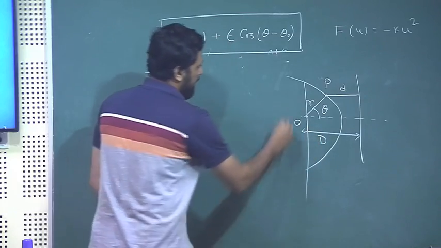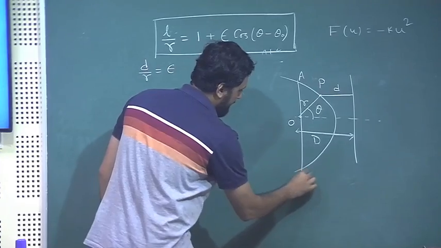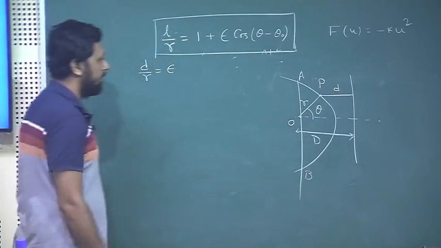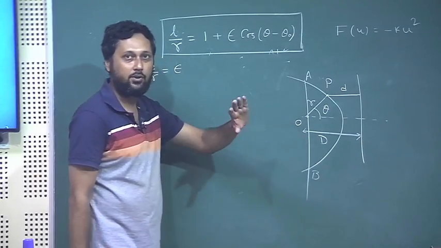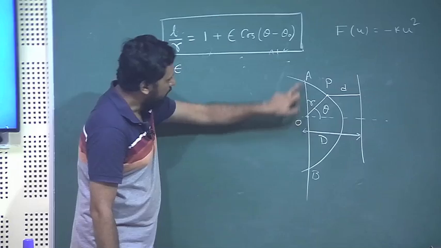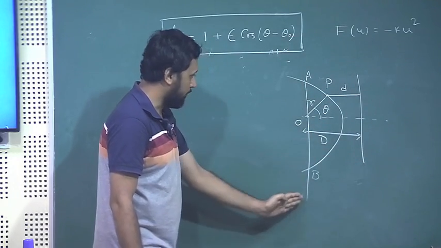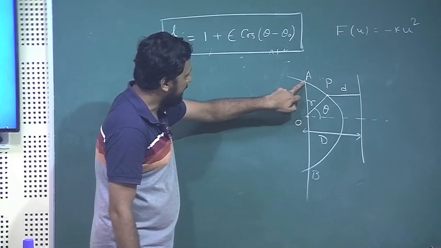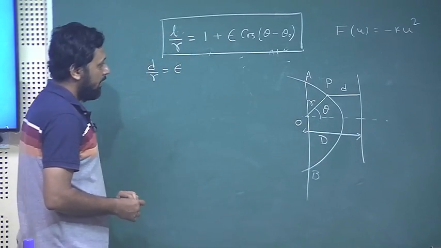Let us call this intercept A and this intercept B. It is not a very symmetric, nice drawing, but you get the idea that we are drawing a straight line which is parallel to the directrix and goes through the focus, and we are finding the intercept of this line with these 2 points.